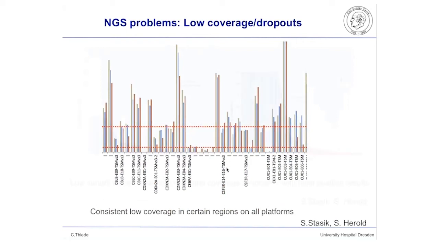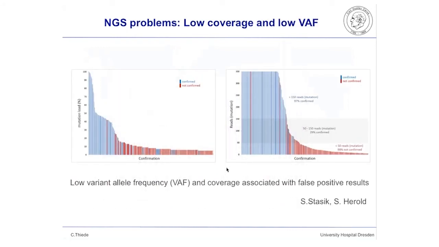There's also an impact of low coverage and low variant allele frequency on the detection of false positive results. When you look at this, we have a low confirmation rate, shown in red, in those changes where the mutational load is below 10%.